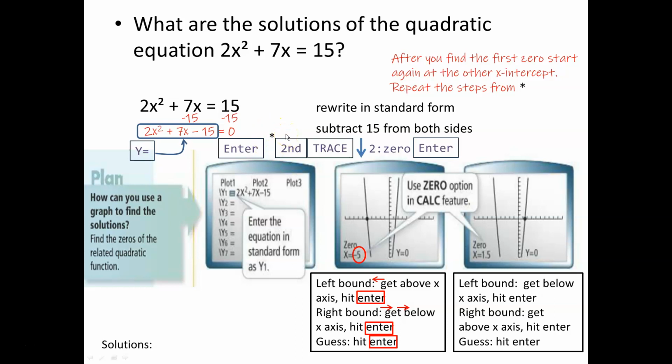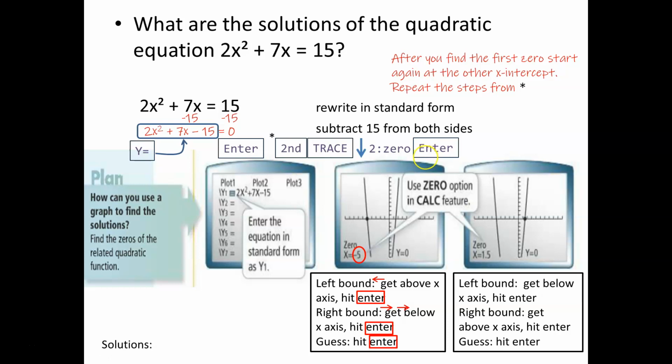So once again, we are at here. We're going to go back here and hit the second button, which is our blue button. Then the trace button, which says calc right above it. Our down arrow 1 time so that 2:0 is highlighted. Then hit enter.